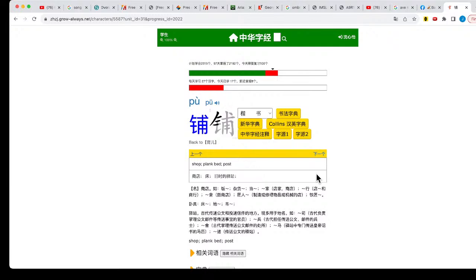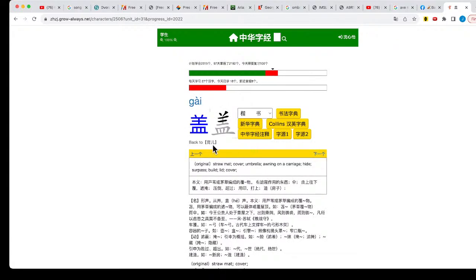You call it 铺. The more formal, fancy ones you call 店, right? Then 床铺 refers to bed. 双人铺 means bunk bed, so two people can sleep, one on the top, one on the bottom. It's called a 铺.